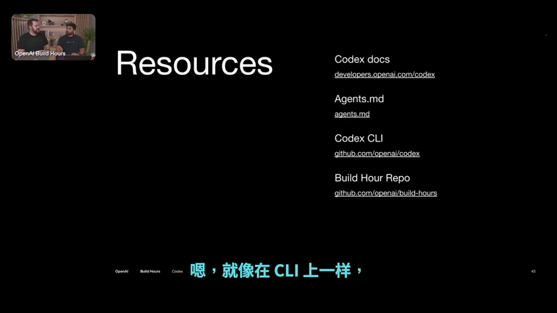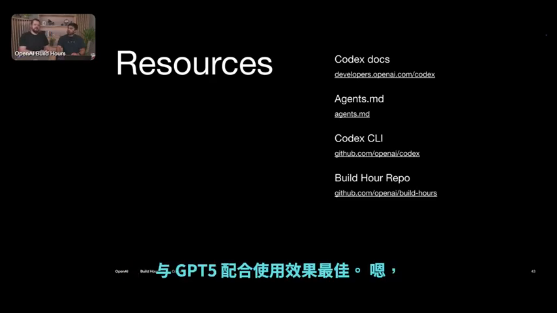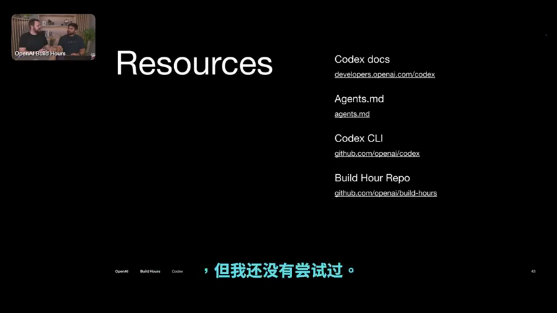On the CLI, you can just pass in the -m flag if you want to change it. Although we would recommend GPT-5, it definitely works best with it, especially because it has some features that really improve the quality of the tool usage. I think you can change it in the IDE extension, but I've not tried it. I haven't. I've been too enamored with GPT-5.